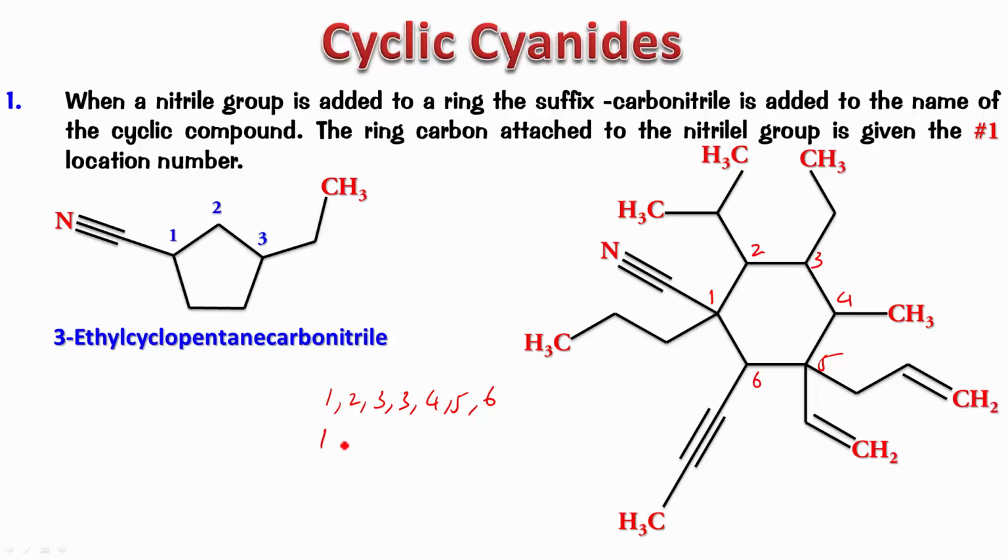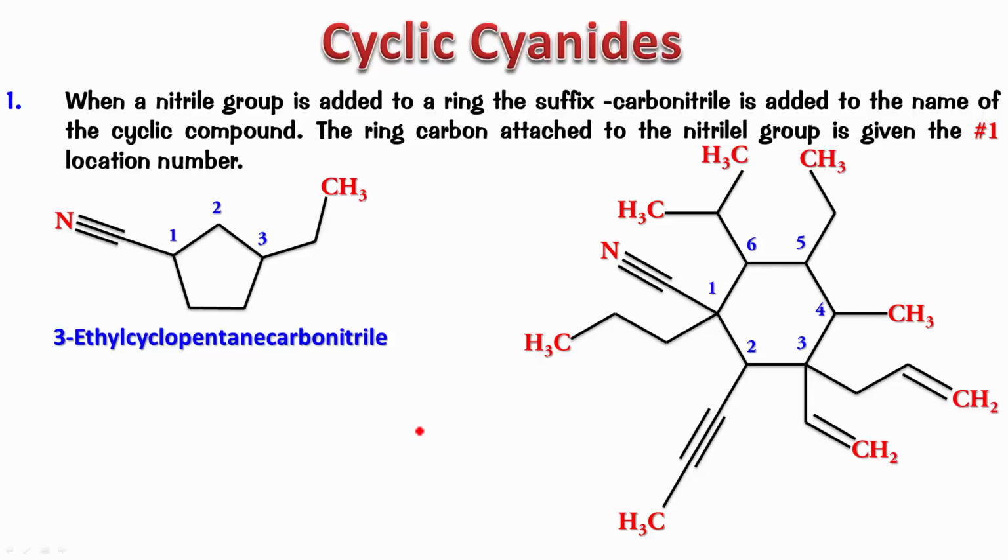So I got 1, 2, 3, 4, and I got 2 people sitting at 5, and then 6. So which numbering do you think would be preferred? Obviously the numbering where you get the lowest value at the first point of difference. So we are going to look for this one. So the numbering is done anti-clockwise. 1, 2, 3, 4, 5, 6.